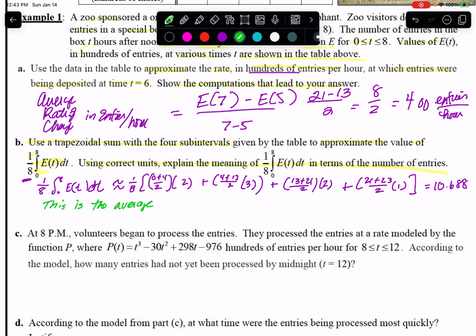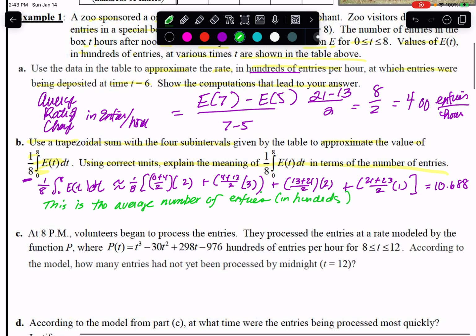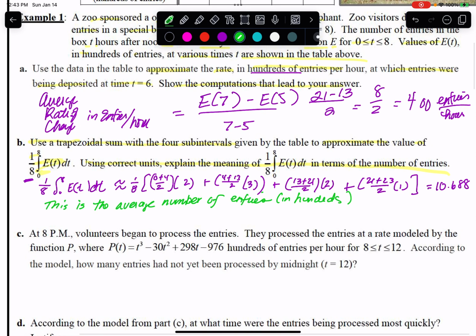You can't just say average value, you have to say what it is the average of, because it's a word problem. So this is the average number of entries, in hundreds, submitted between 0 and 8 hours.